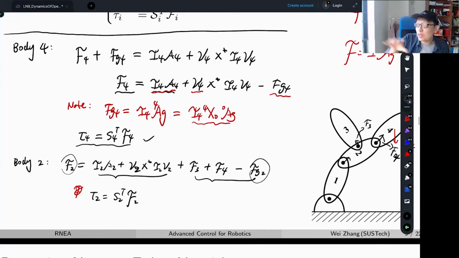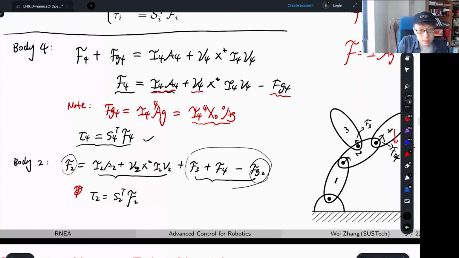The force you apply to some object, that object will move and have acceleration. That first component is used to generate motion of body 2. And the second component is used to counteract other kinds of forces, whatever other forces you add here.